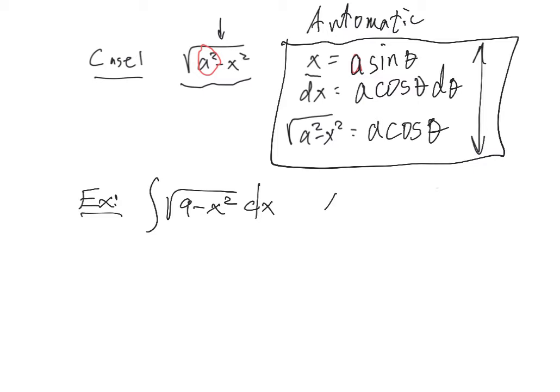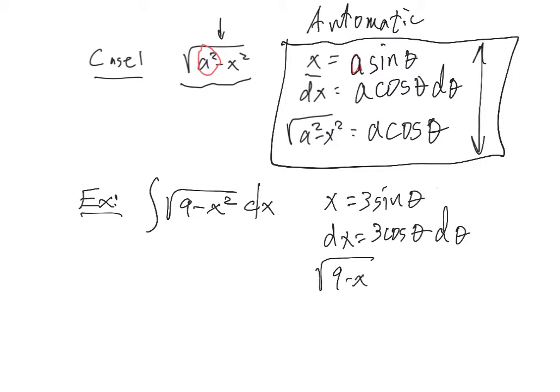The substitution we're going to make, we're going to replace x with 3 sine theta. And then dx is 3 cosine theta d theta. And the radical becomes 3 cosine theta, as we showed earlier.